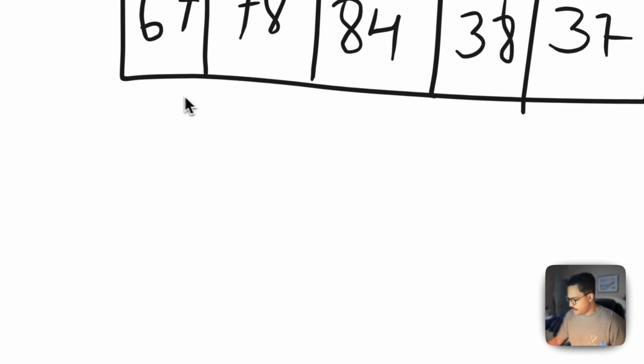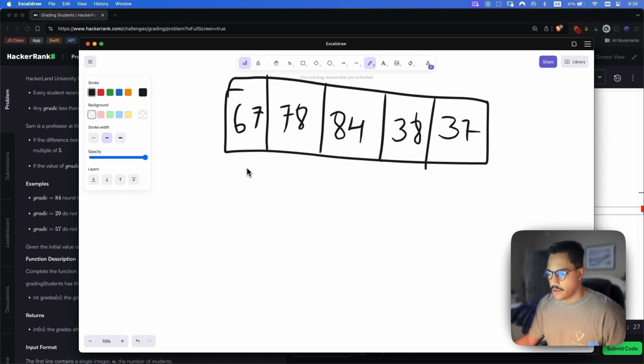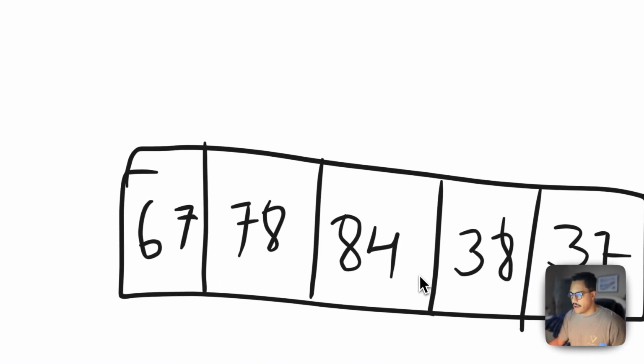Basically, we're going to iterate over the whole array. It's already established that 60 is the maximum size of the array.